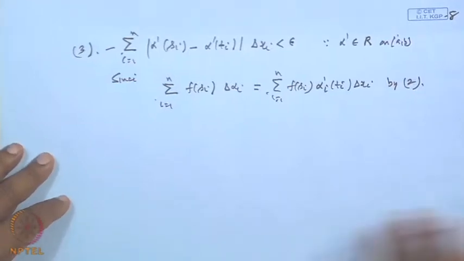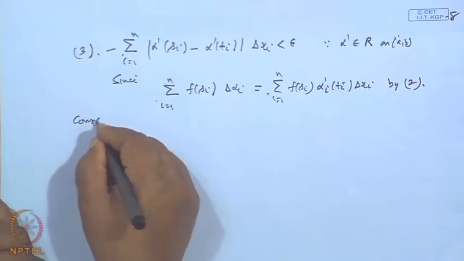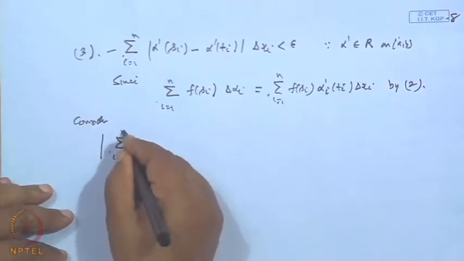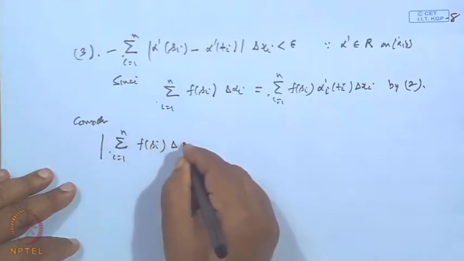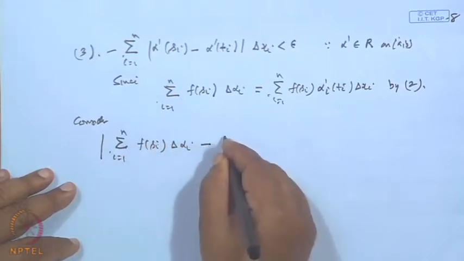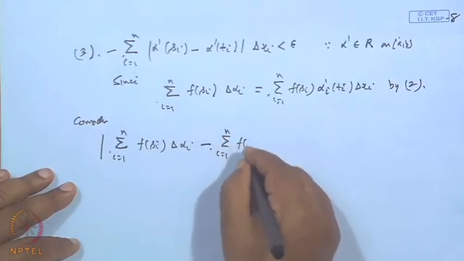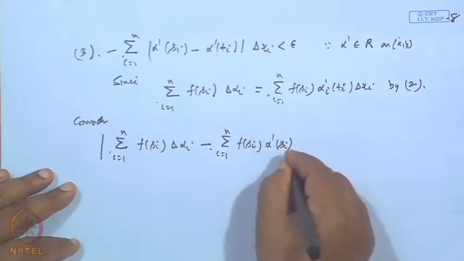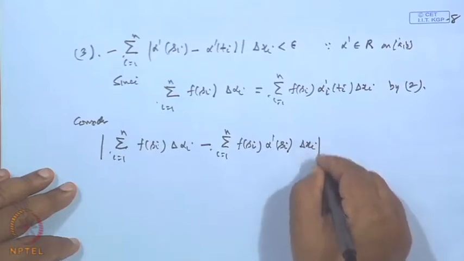Then consider the sum from i equals 1 to n of f(s_i) delta alpha_i minus the sum from i equals 1 to n of f(s_i) alpha dash(s_i) delta x_i.